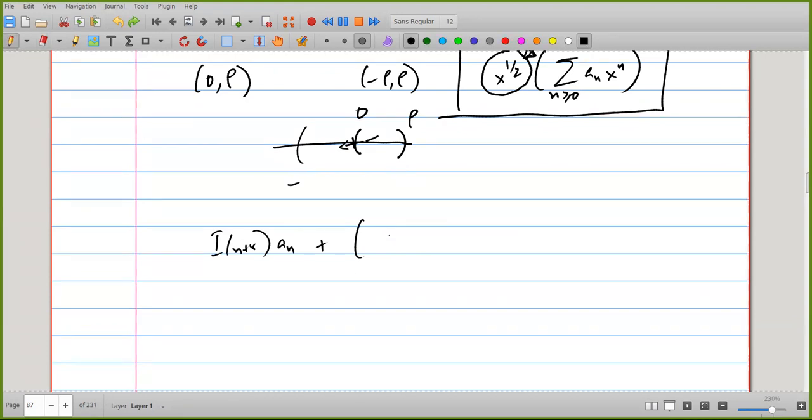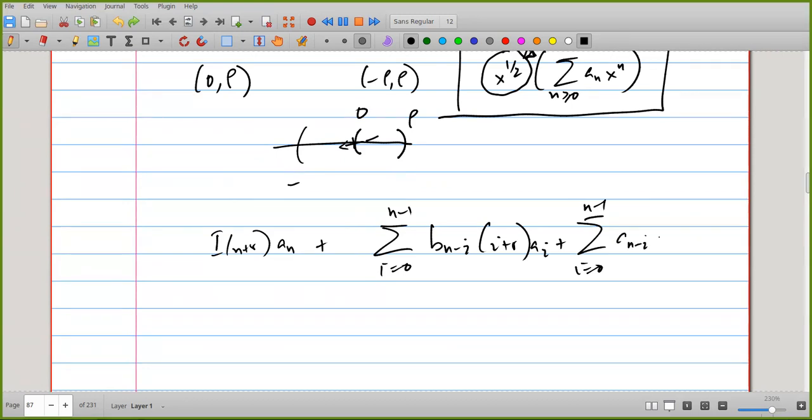Let's say this is some p0r equal to 0. So this is the sum from I equal to 0 to n minus 1 of b n minus I plus r, ai, plus c n minus ai equal to 0, right?